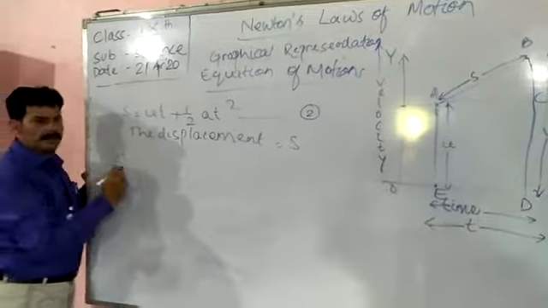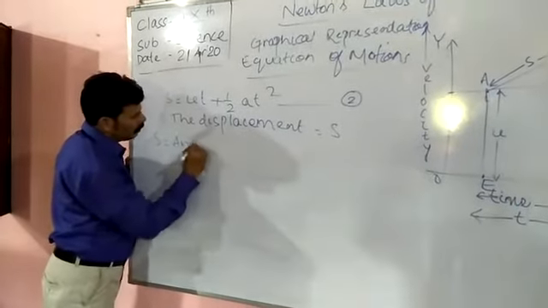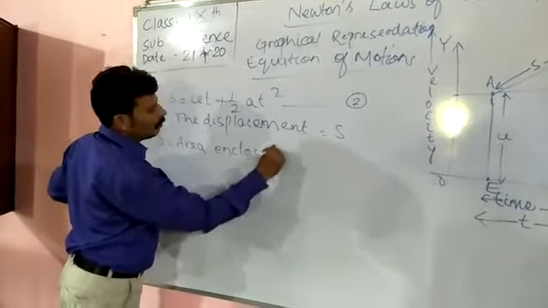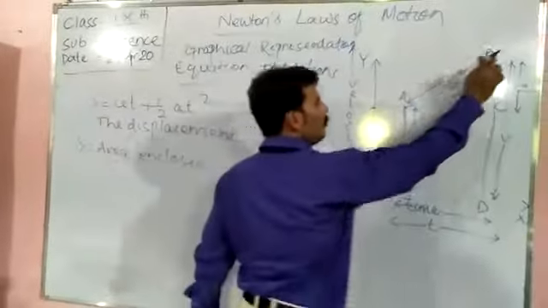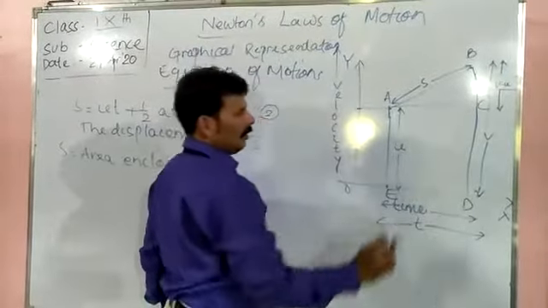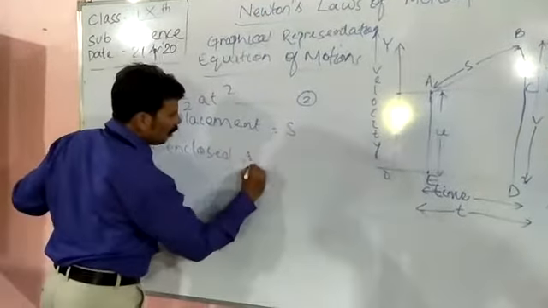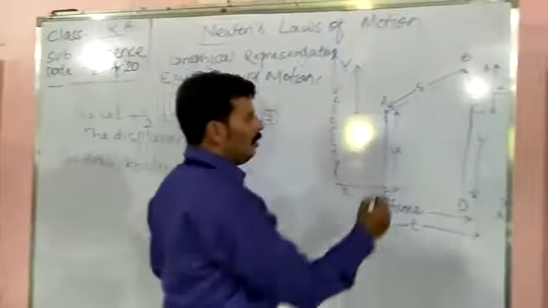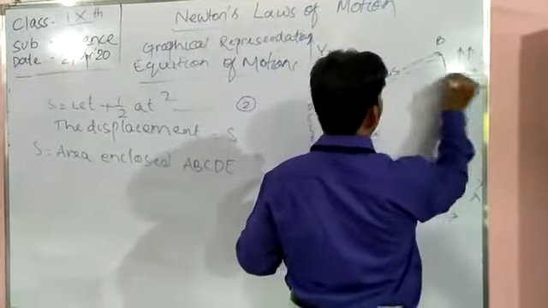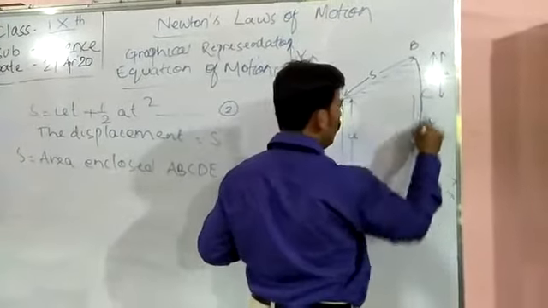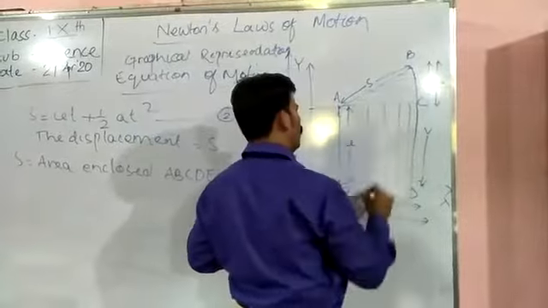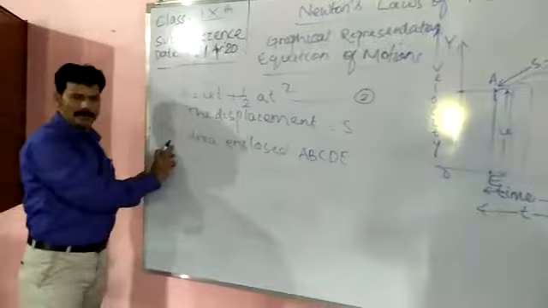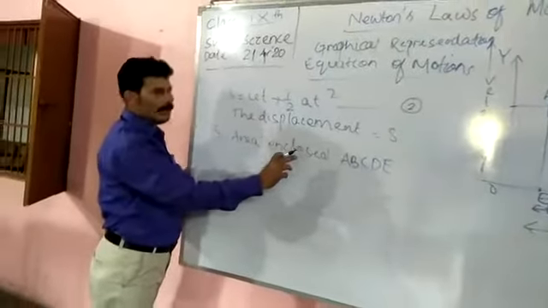S will be the area enclosed, that means the area between points A, B, C, D, E. This total complete area, the inside area, is equal to S. So S is the area ABCDE.